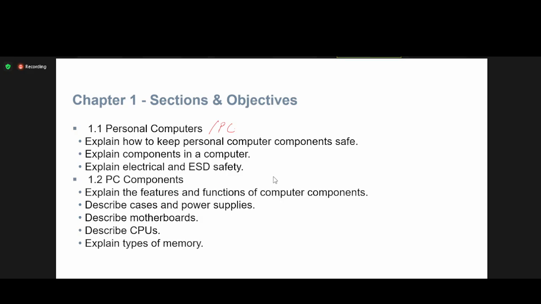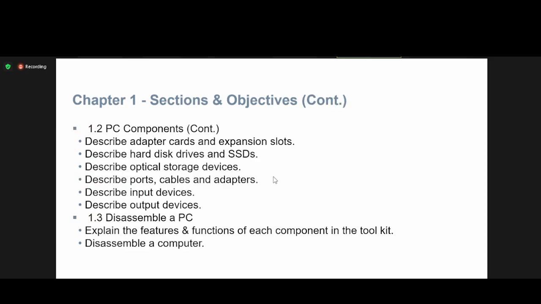So I'm going to explain how to keep personal computer components safe, the different components inside the computers, and electrical and ESD safety. So hopefully I'll cover those first three objectives today, right? There's a lot more, so we cannot finish everything in one sitting. I'll explain step by step.